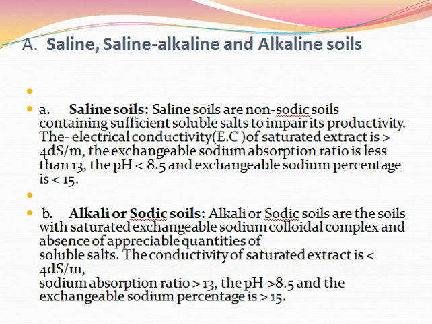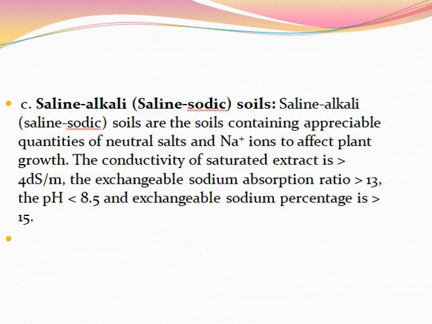What are the characteristics of saline alkali soil, also called saline sodic soil? Saline alkali soil contains appreciable quantities of salts of sodium, calcium, and sulfates, which affect plant growth.